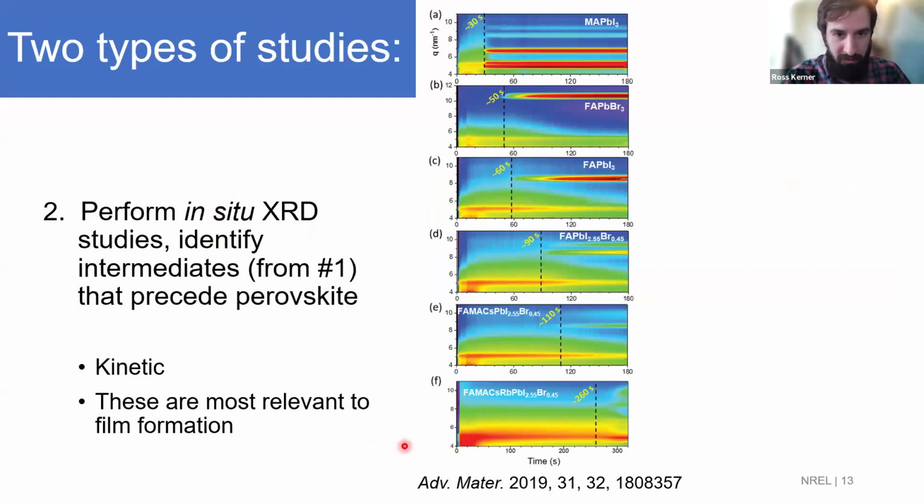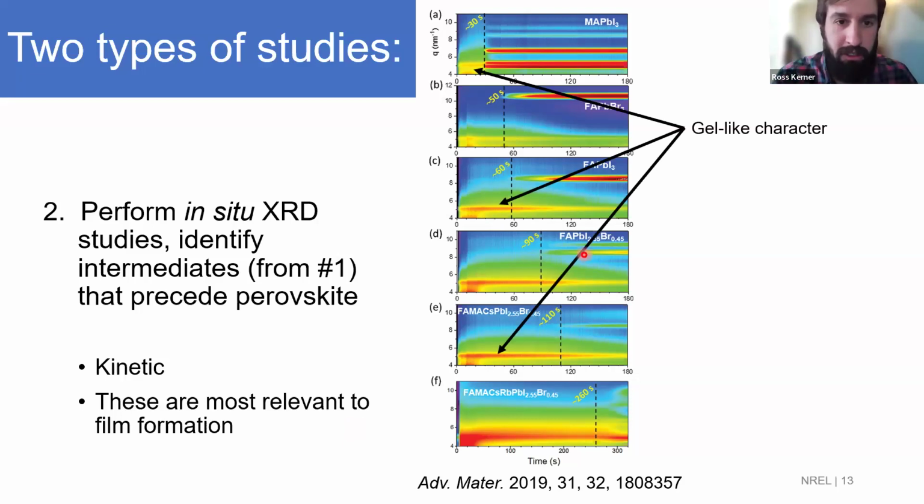Hopefully it's similar-ish to your process, but often it's not exactly the same conditions as your spin coating process. But these are kinetic, and they identify the exact intermediates that precede the perovskite formation. So it's really the combination of these two studies that gives us a really good insight into what's going on.